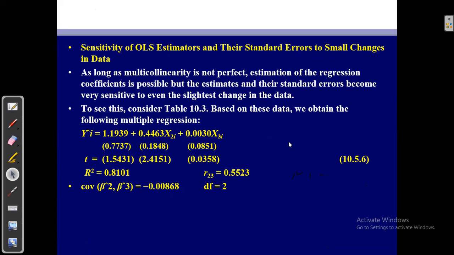This means that if you make a slight change in your data set, I would leave these particular slides to you so that you can see for yourself, right?